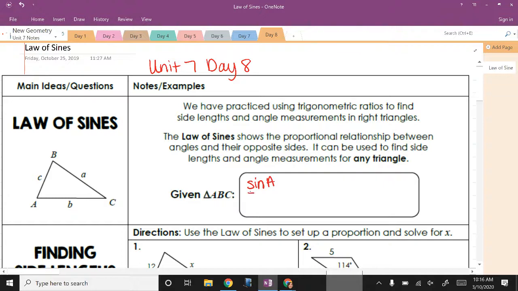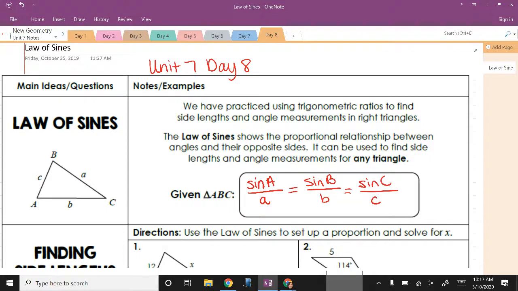The sine of angle A over the side of little a equals the sine of angle B over little side b equals the sine of angle C over little c. So the sine of the angle over the length of the side that's opposite equals the sine of another angle over its opposite side.